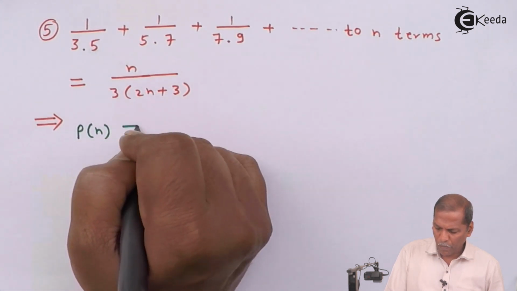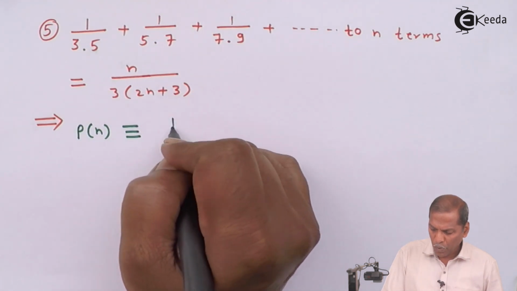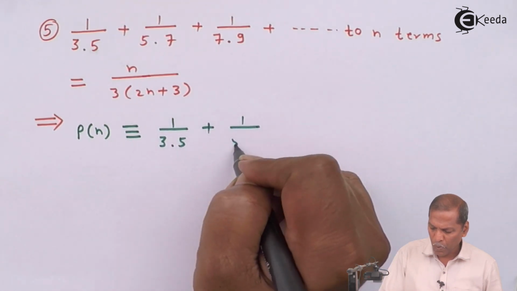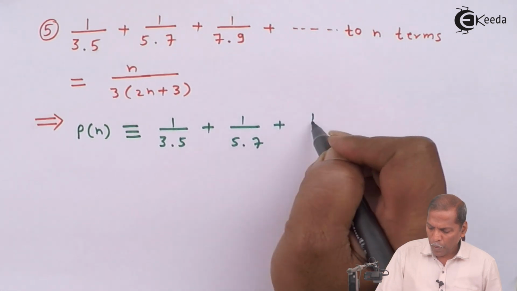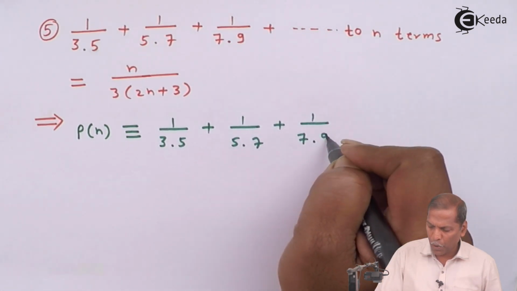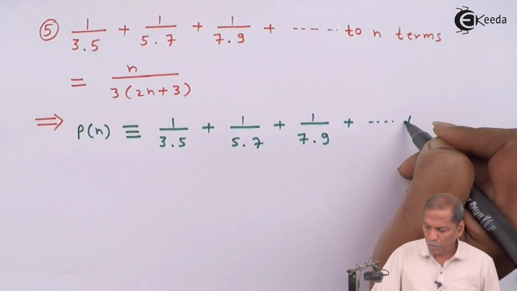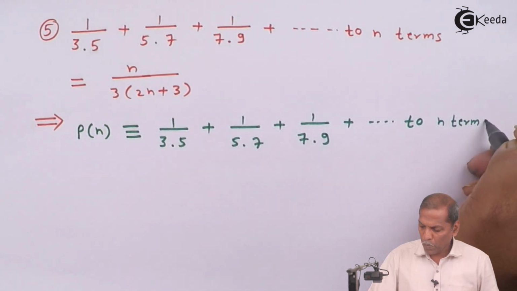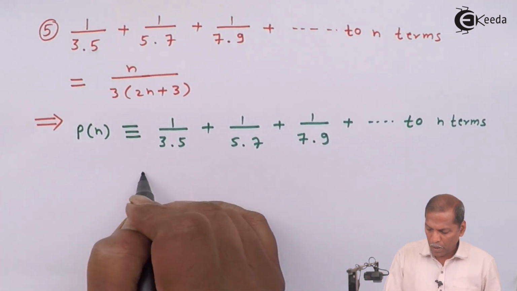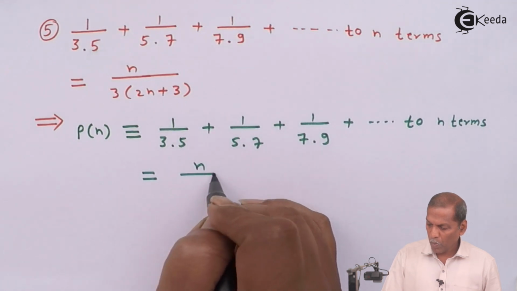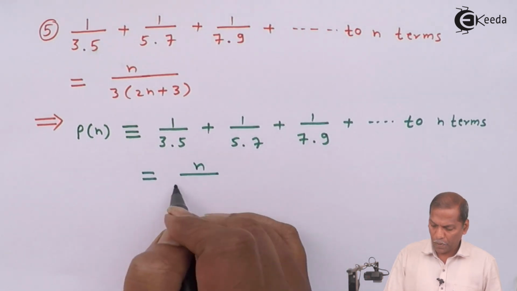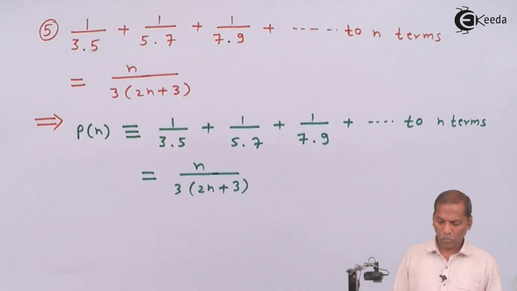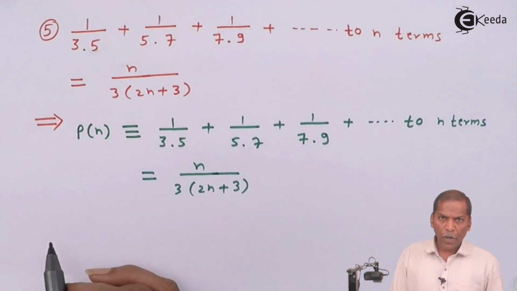P of n is equivalent to 1 upon 3 into 5 plus 1 upon 5 into 7 plus 1 upon 7 into 9 plus dot dot to n terms, and that is equal to n upon 3 bracket 2n plus 3. Then step number 1.